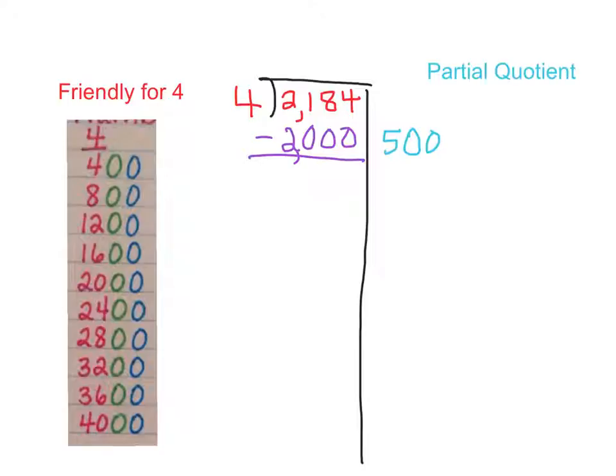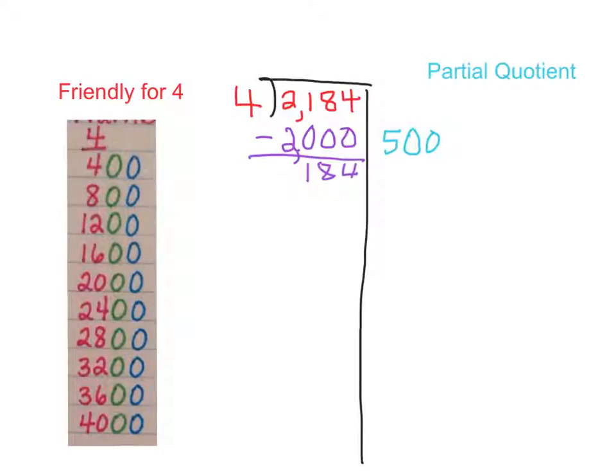Now I can subtract the 2,000 from the 2,184, and that leaves me with 184. Now I look down my friendly numbers list, and the smallest 3-digit number I have is 400. So I'm just going to pretend these zeros aren't here, and look at the pink and green part.